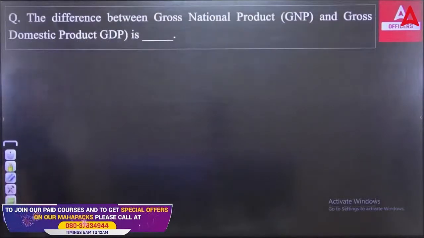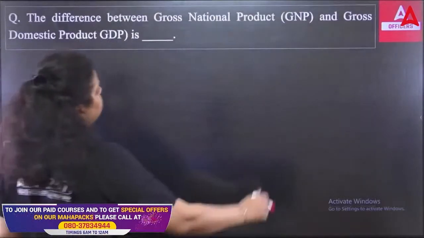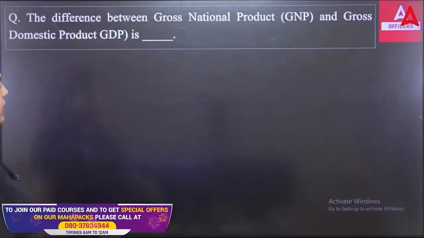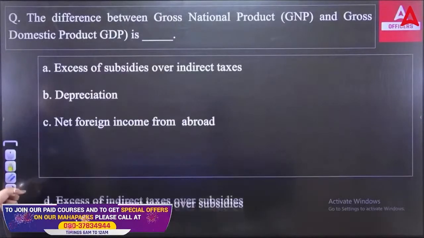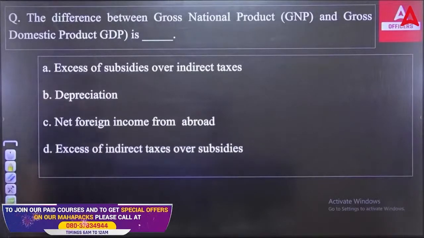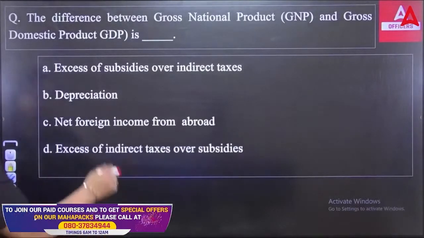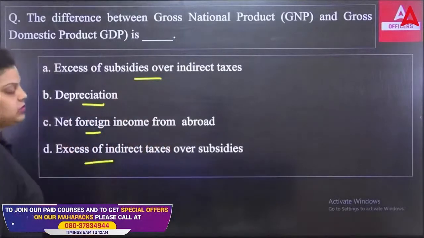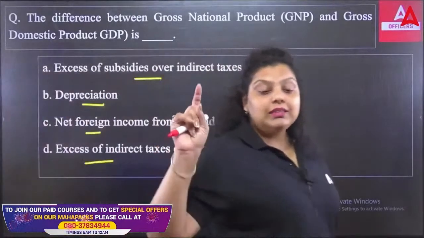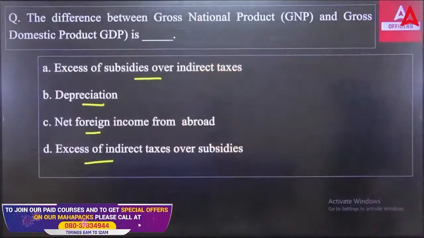Clear? Next. The difference between gross national product and gross domestic product. So what is the difference between GDP and GNP? We have first, excess of subsidies over indirect taxes, depreciation, net foreign income from abroad, excess of indirect taxes over subsidy. So you are asking the difference between GDP and GNP.